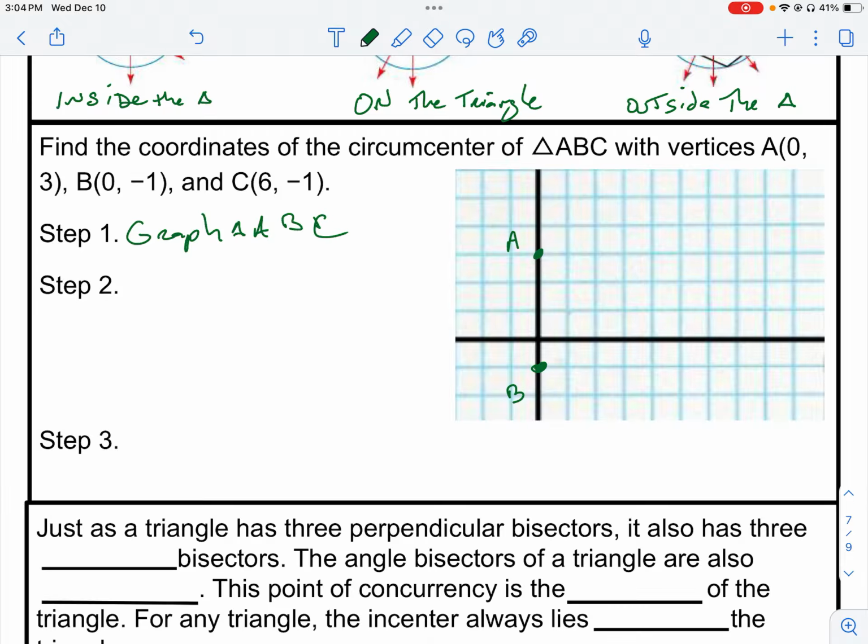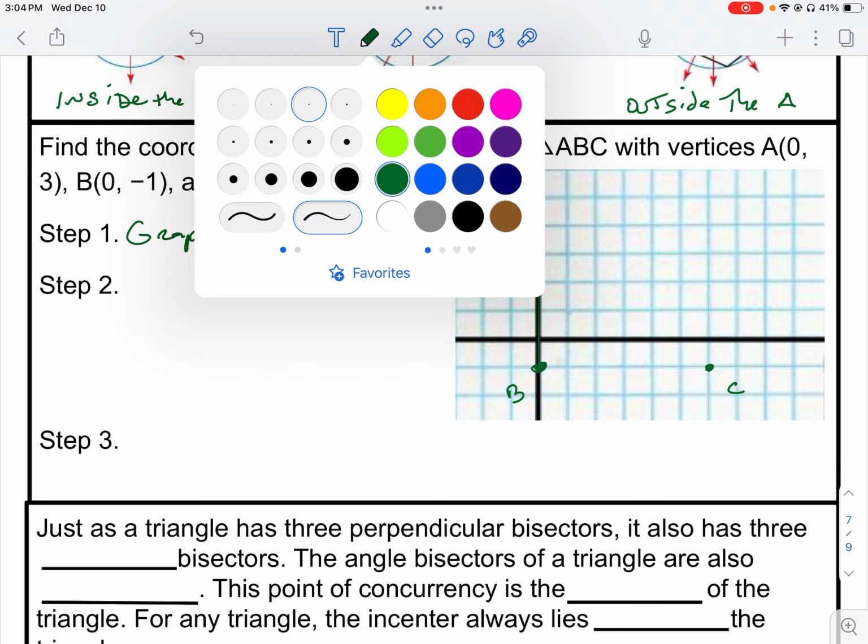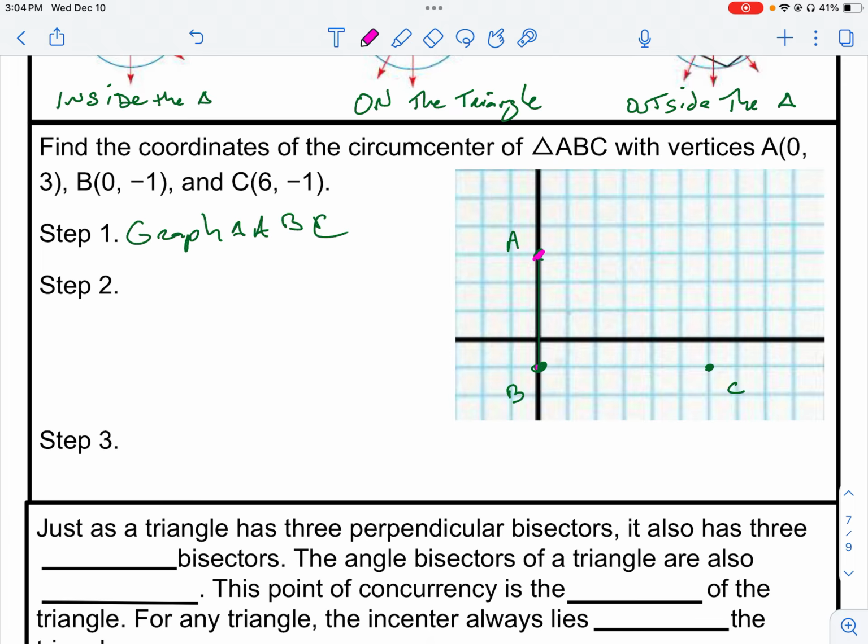And C is 6, minus 1, which puts it there. So here's our triangle.